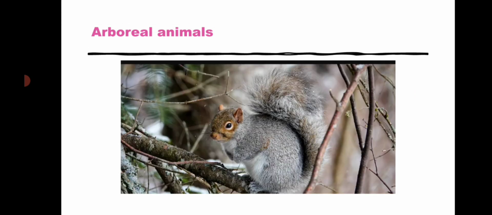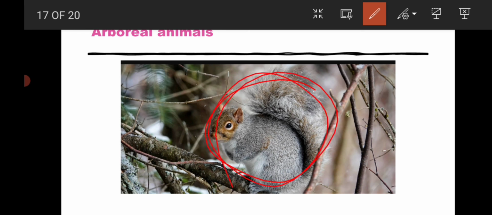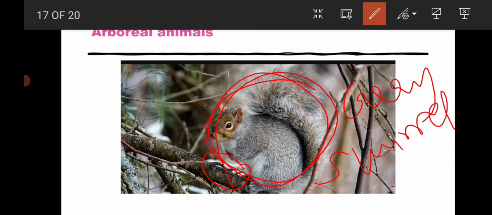The next arboreal animal that we see is the squirrel. There are many kinds of squirrel. In the last class, I showed you some squirrels living in the Arctic region. They live in caves and burrows. But this is a grey squirrel. This squirrel always lives in the trees. You can see the squirrel has very sharp claws. Those claws help the squirrel hold on to the trees so they can't fall.